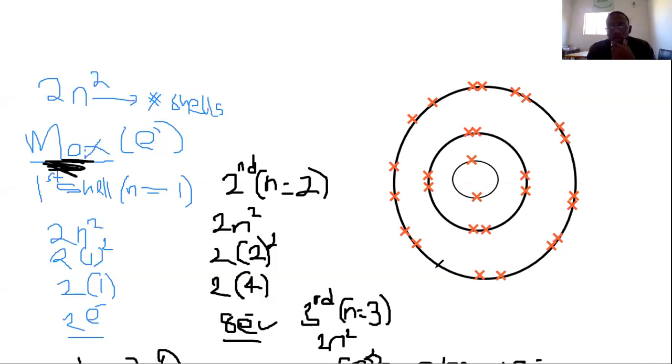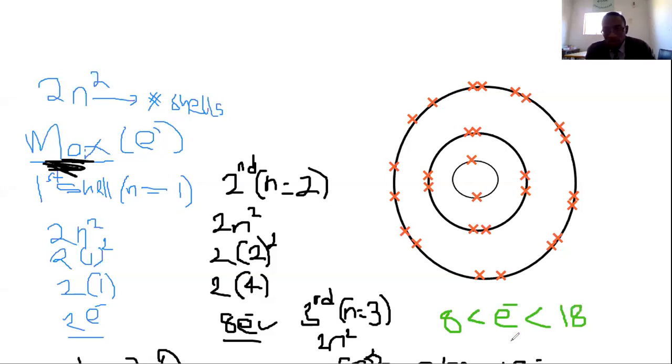For the third shell, they are saying it is comfortable with 8 electrons or less. Now I'm going to use this. So this is electron, then we have 18.